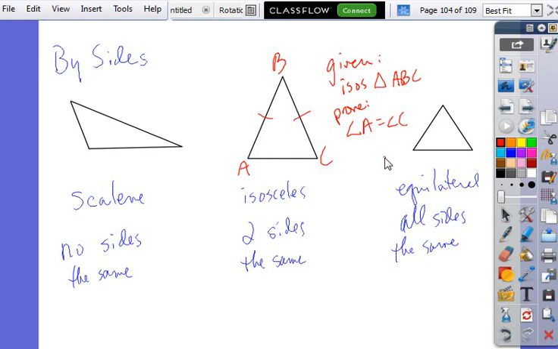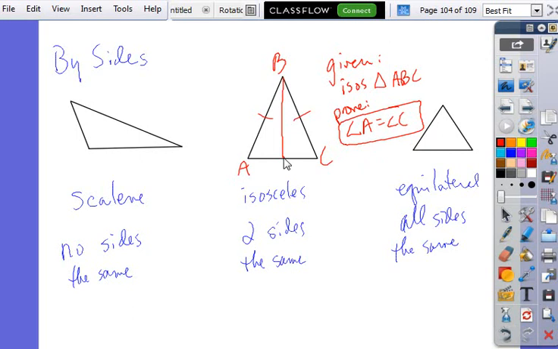But look at what it's asking me to prove. An angle is equal to an angle. So what would that last rule need to be? CPCTC. In order to have CPCTC, what has to happen before that? I got to have some triangles the same. I only have one triangle. So what do I need to do probably? Make another one.